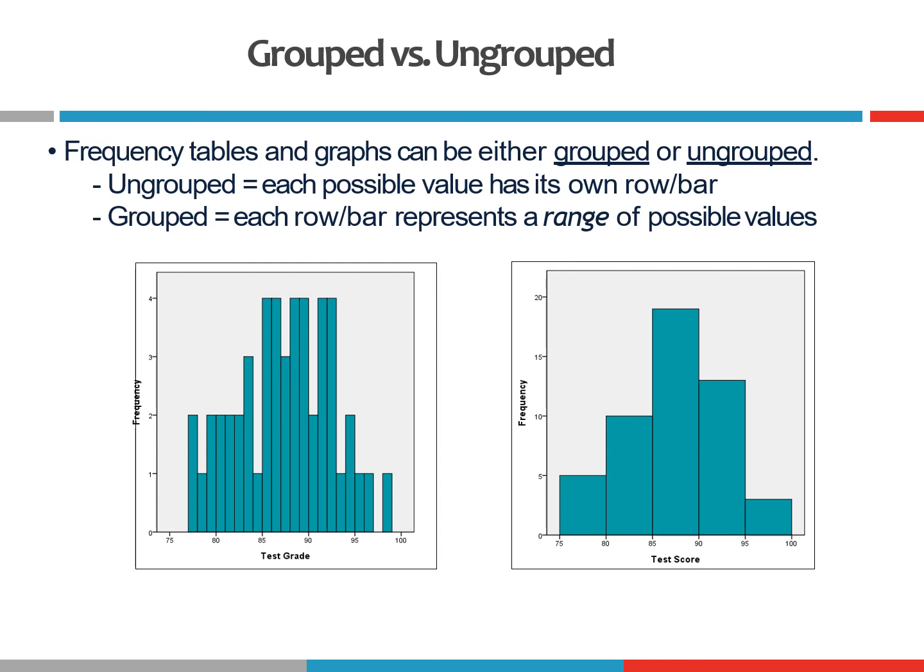So whenever you have a range of values that is meaningful, or whenever you have a very, very large data set, it probably makes sense to choose grouped over ungrouped.